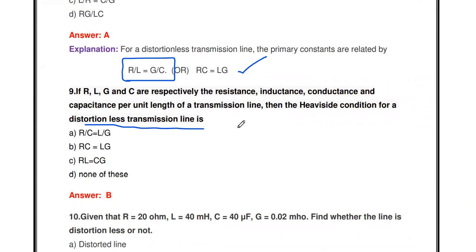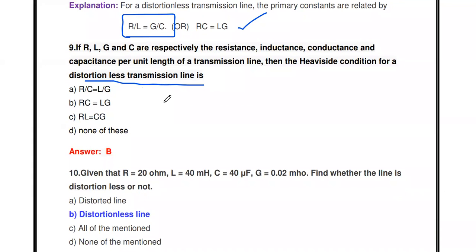Here the question is asked differently, that R, L, G, C are the primary constants. The same thing, the ratio of resistance divided by inductance is always equal to the ratio of conductance divided by capacitance. But this condition is not given here.